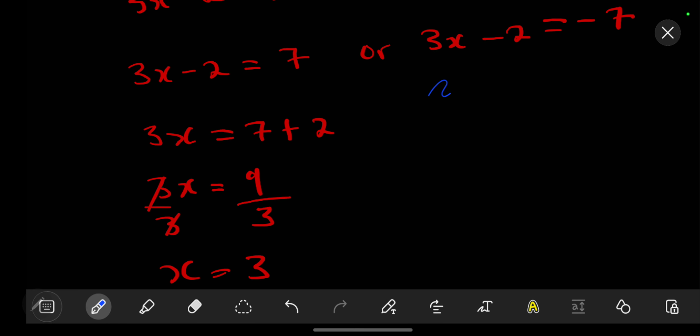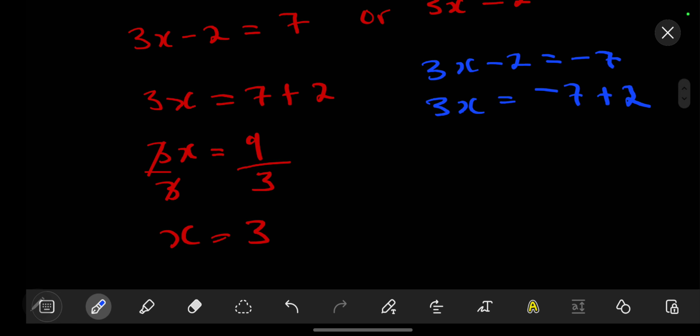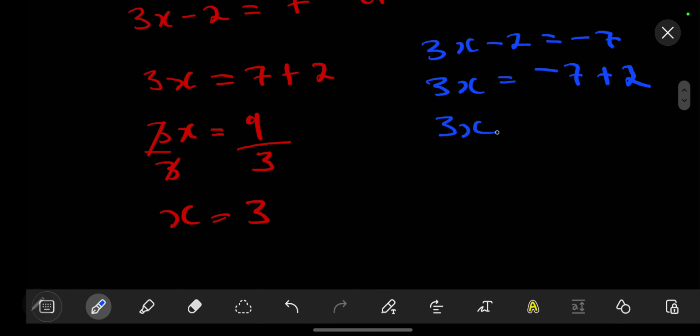Looking at the other one, we have 3x minus 2 equal to -7. So 3x should be equal to -7. If 2 crosses the equal sign, it will be plus 2. Then 3x is equal to -7 plus 2, which gives us -5.